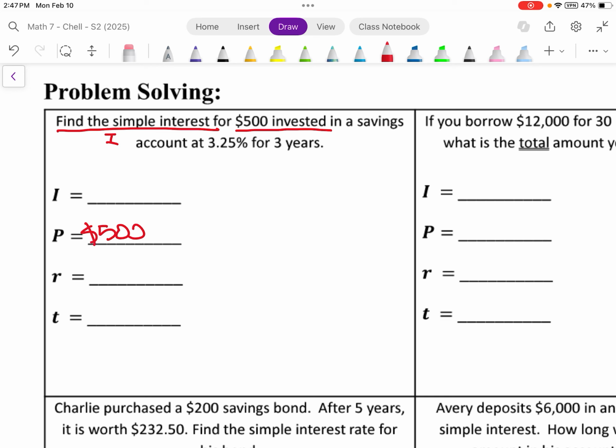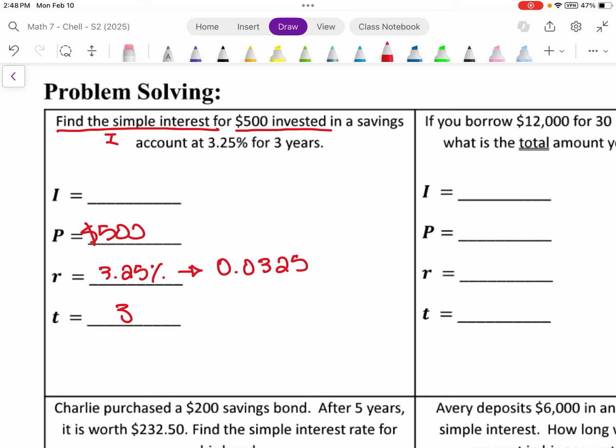And in a savings account of 3.25%. And if you said we needed to convert that, you are correct. So we would get 0.0325. And then we have 3 years.